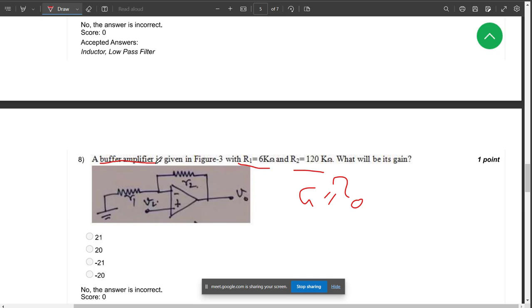It gives the same as the input. What? Your voice is not clear. What is a buffer amplifier?